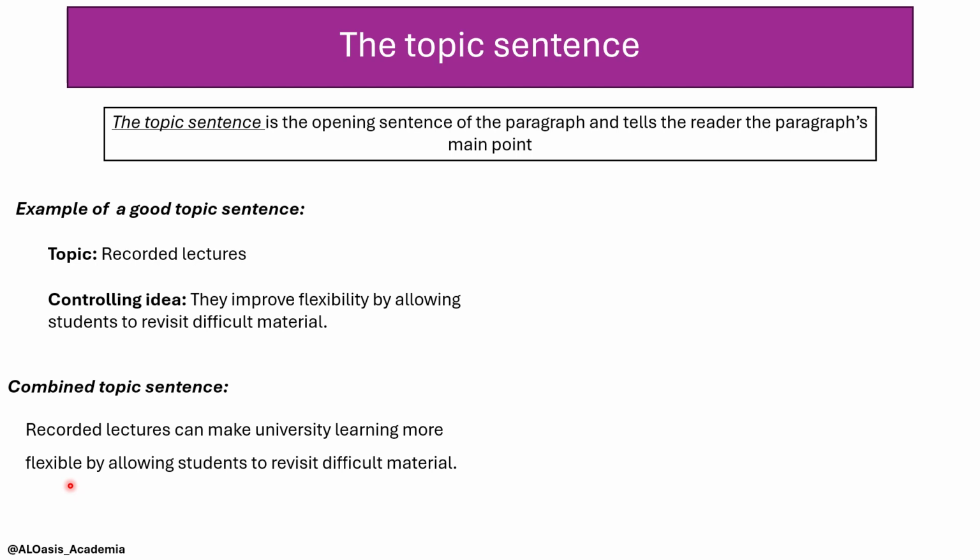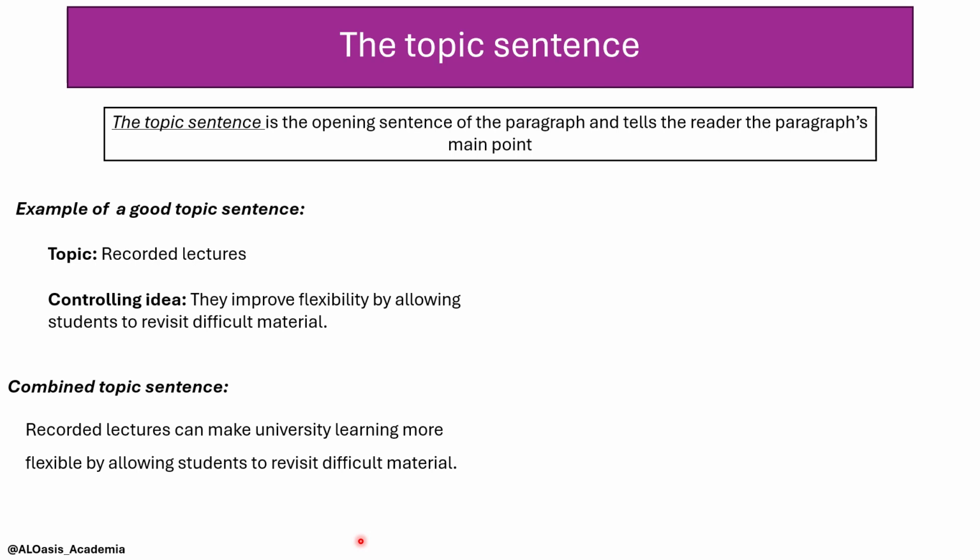So it doesn't make any sense for a student to start with this sentence, and then the rest of the paragraph is going to be about the disadvantages of the recorded lectures. If you do that, then this will weaken your essay, weaken your writing overall. You won't get a good mark in IELTS, of course, and you won't get the best mark for your university essay either.